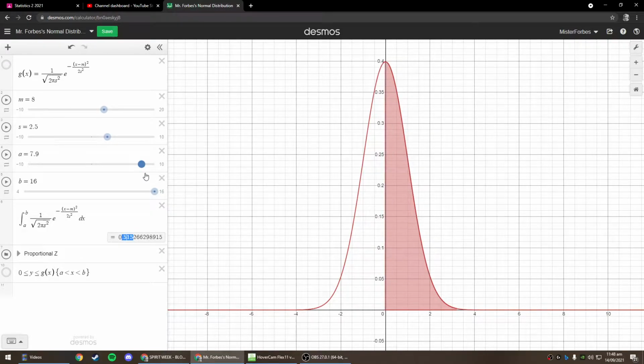We were looking between 8 and, what was it? 8 and 12, right? So what happens is it standardizes those values, and then all we're looking at is areas between, for example, in this one, 0 and 1.6.